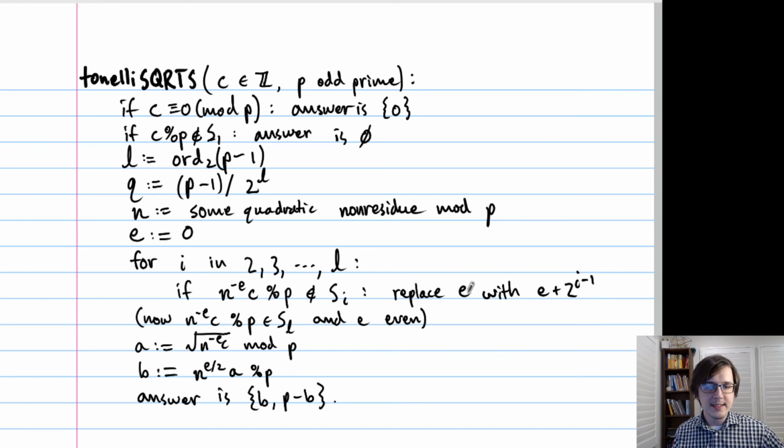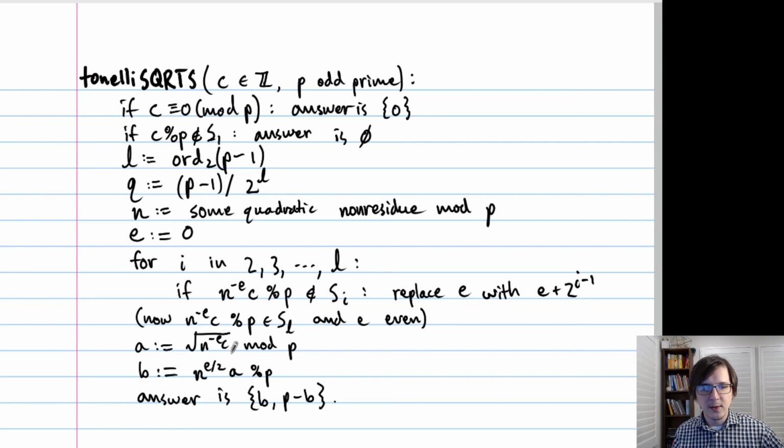Then, as we discussed, we can add 2 to the i minus 1 to e to get an e where this would be satisfied. At the end of checking through all the different i's, we have that indeed some even power of n times c mod p is in SL.